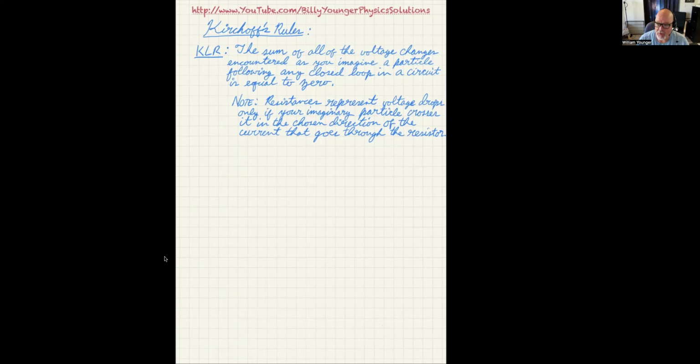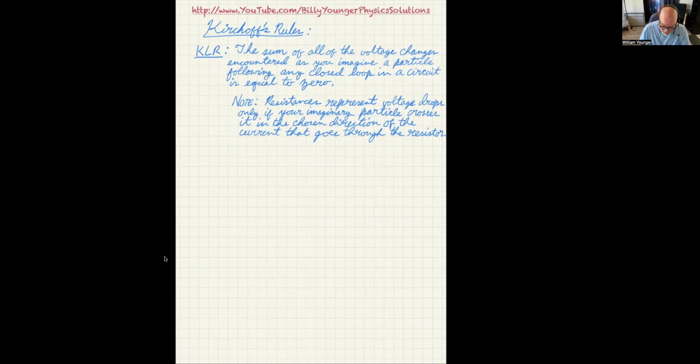So all that matters is if you go from the short line towards the long line, then that is a voltage increase equal to the voltage of the battery. If you go from the long line to the short line, then that is a voltage decrease, again exactly equal to the voltage of the battery. So that's what this extra note for Kirchhoff's loop rule is showing.